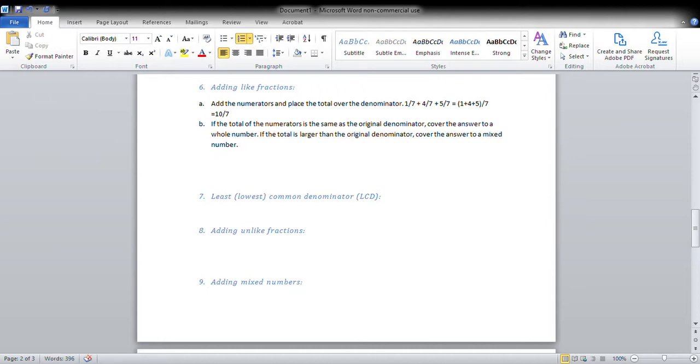So remember, to convert, we basically just divide the denominator into the numerator. And we know that 7 will go into 10 one time with a remainder of 3.